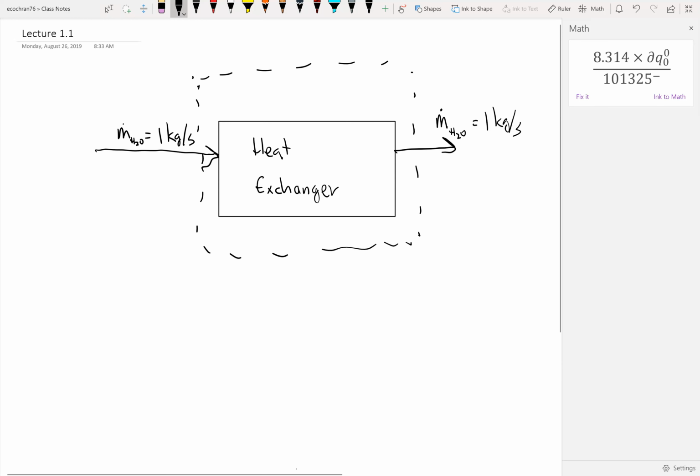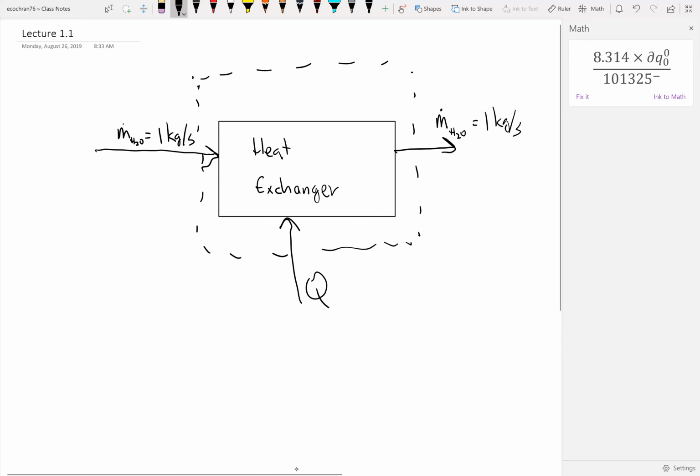So does my heat arrow go in or out if the temperature of the water leaving is higher than the input temperature? In, yep. Great. So the heat exchanger is going to put some Q into that water. Q is the variable we use to denote thermal energy in transit, or heat.